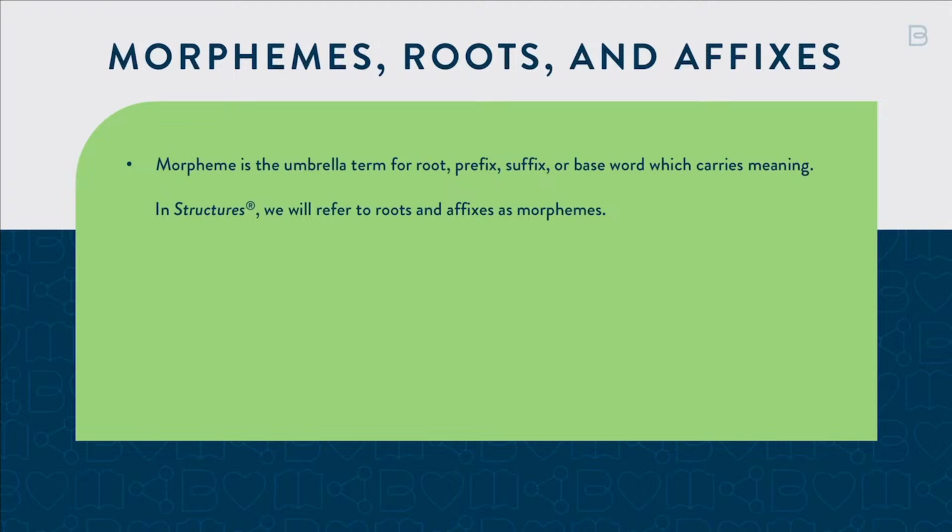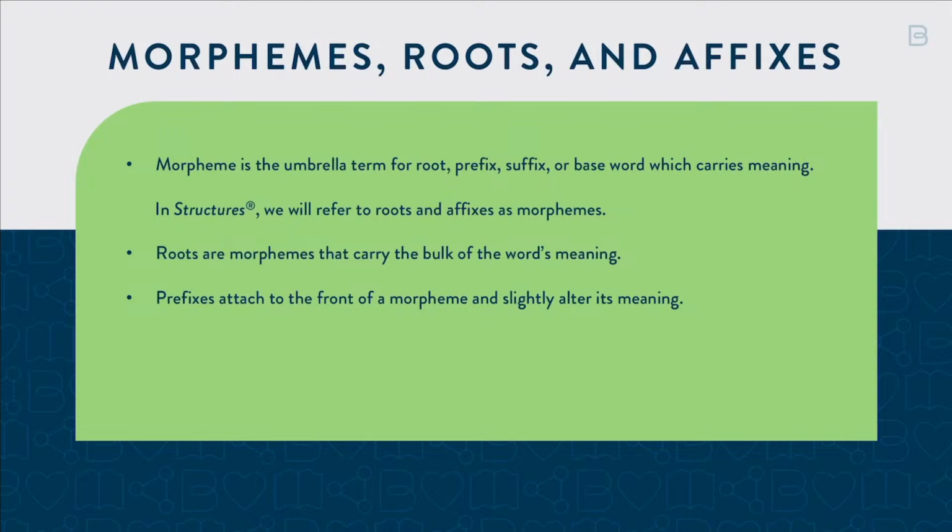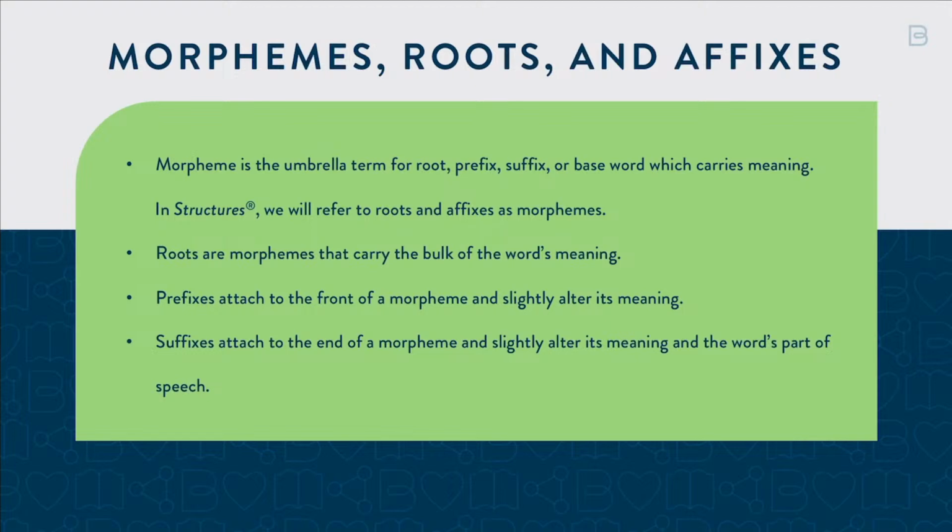In Structures, our program for middle school and high school, we refer to roots and affixes as morphemes. Roots are morphemes which carry the bulk of the word's meaning. Prefixes attach to the front of the morpheme and slightly alter its meaning, and suffixes attach to the end of the morpheme and slightly alter its meaning, and sometimes the word's part of speech.